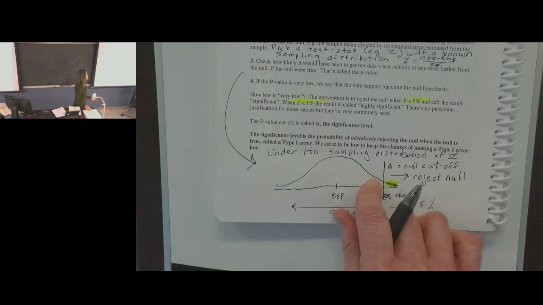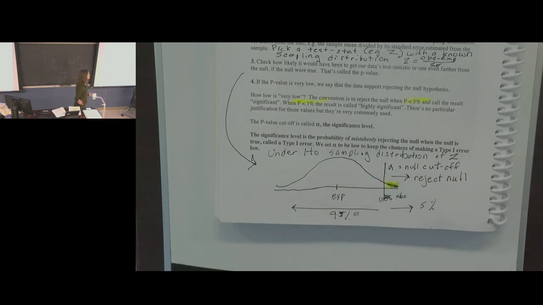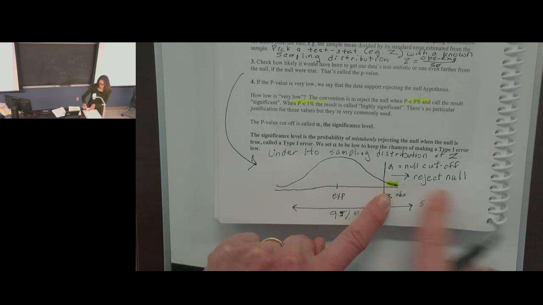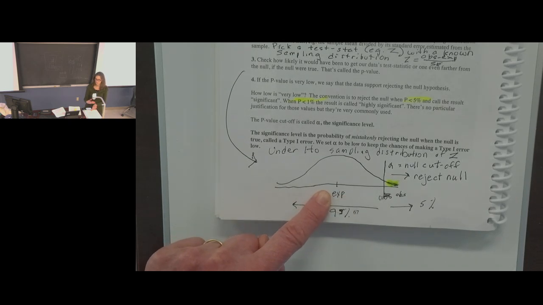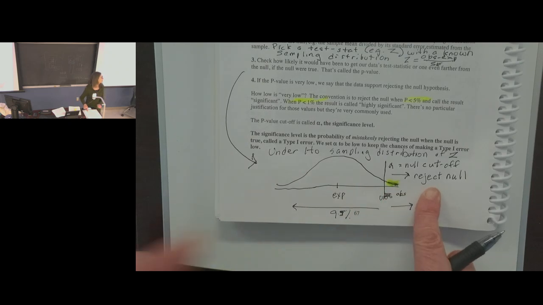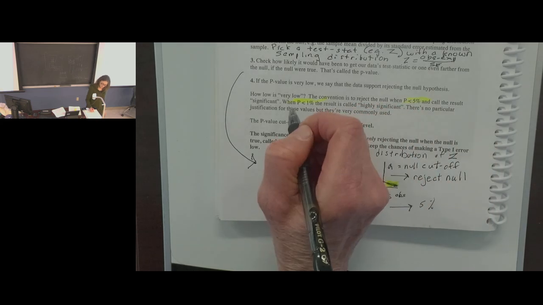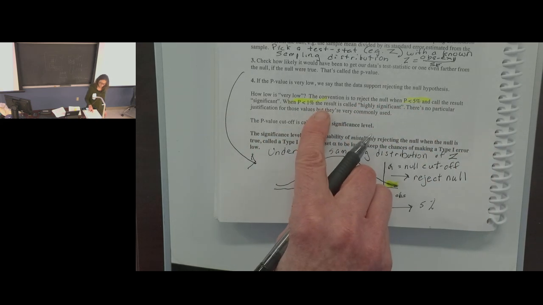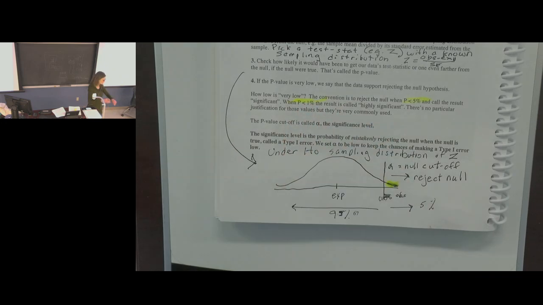If it's here, you say it could have just happened by chance. It's like our jury system. This is beyond a reasonable doubt. We assume innocence, nothing particular is going on, the null, the dull thing, just an ordinary citizen. You get enough evidence against him, he's over here, and it's beyond that reasonable doubt. That's called the null cutoff. How low is low? The convention is when it's less than 5%, sometimes less than 1%, it's called highly significant.